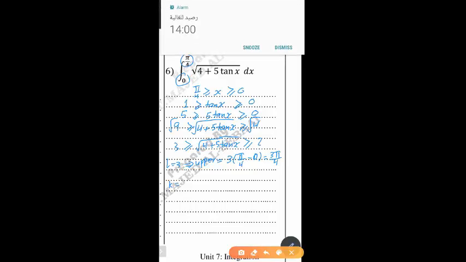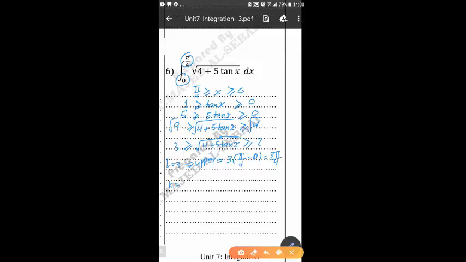K equals 2. Therefore, the lower limit is 2 times pi over 4 minus 0.